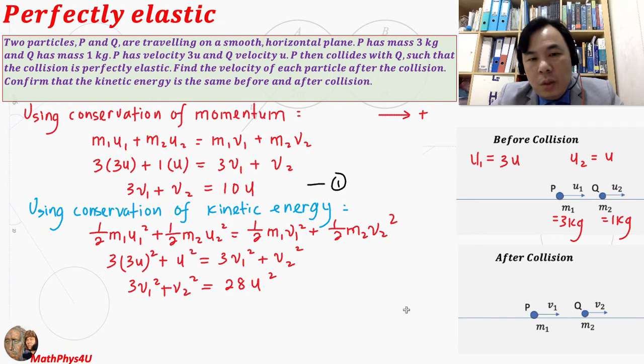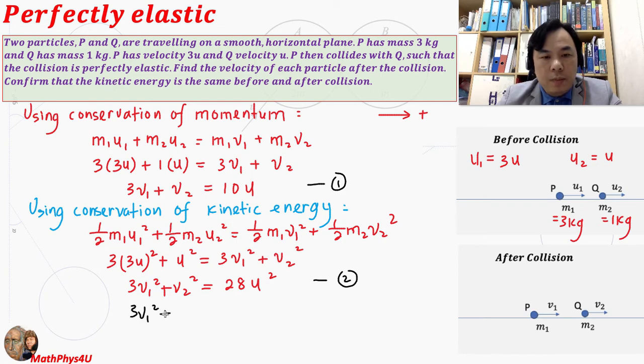You can always use substitution and so on. If I'm using substitution, I would obtain 3v1 square plus, from the first equation, 10u minus 3v1 all squared, equal to 28u square.